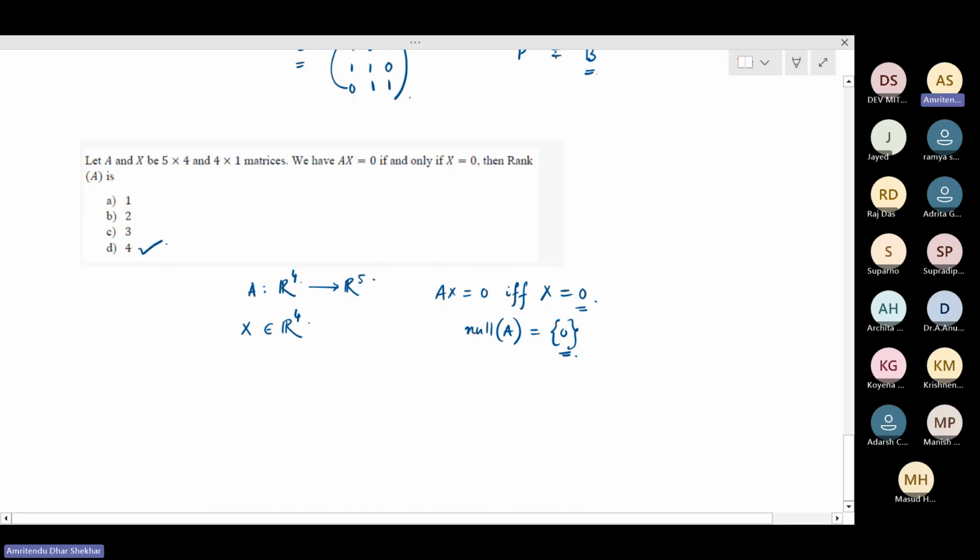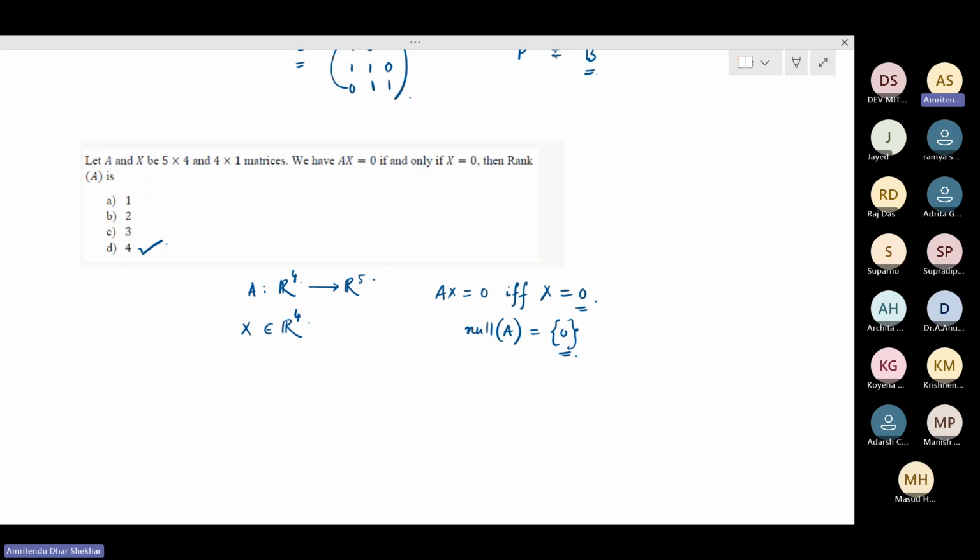The rank of a matrix can be at most the minimum of the dimensions of the domain and the target space.